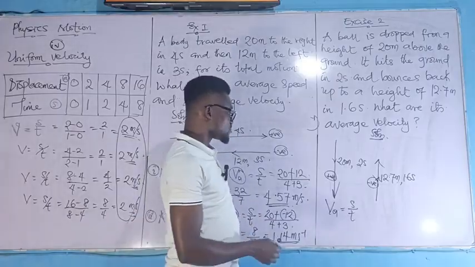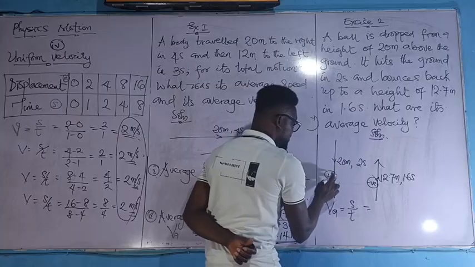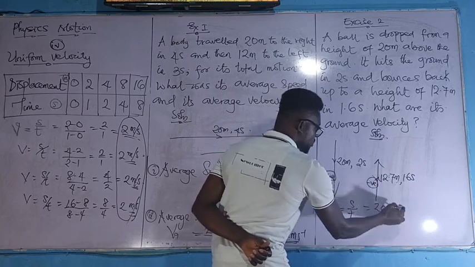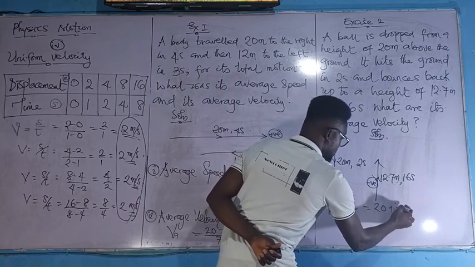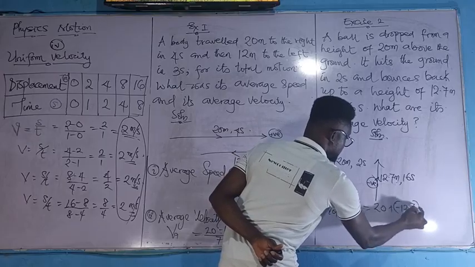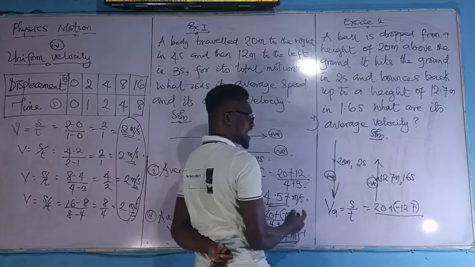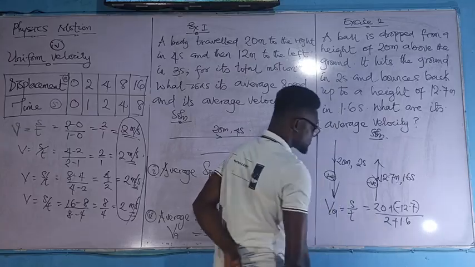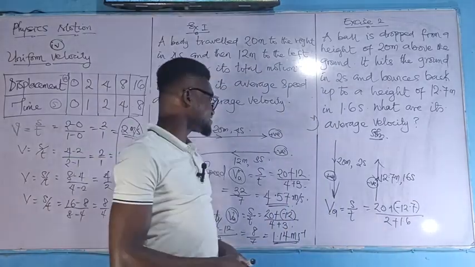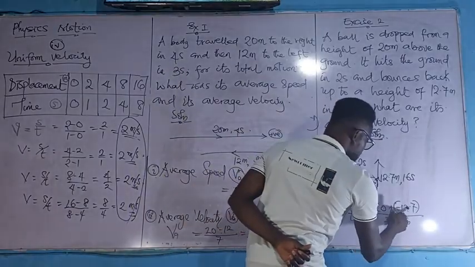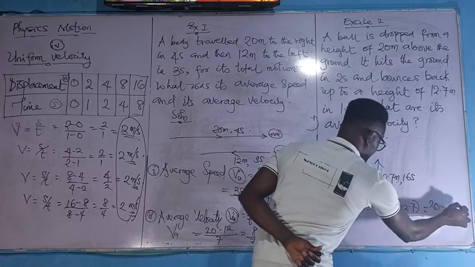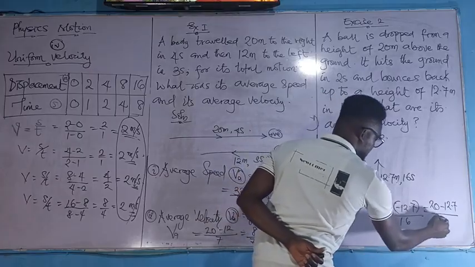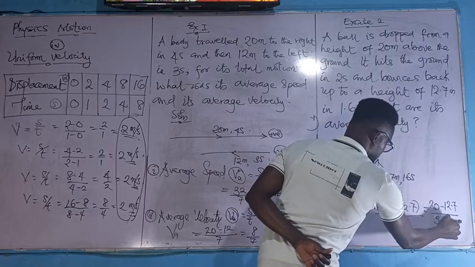So the total displacement will be 20 plus minus 12.7, all divided by the total time, 2 seconds plus 1.6, which is 3.6.